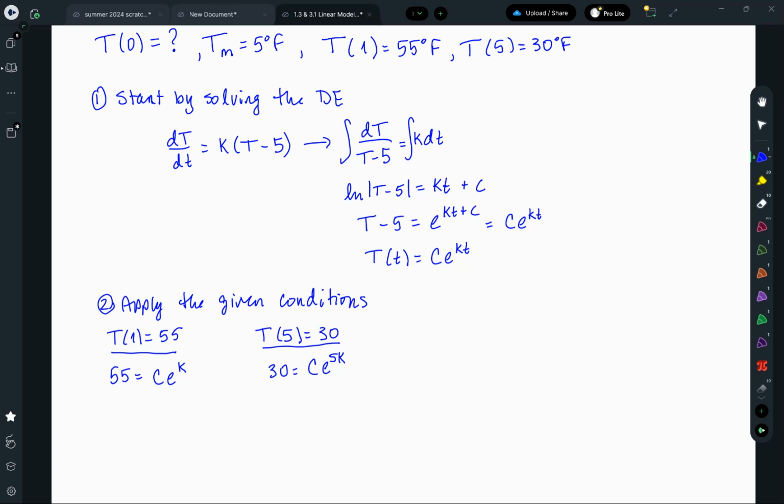Okay, now I can do the exact same thing that I did before. I can go ahead and use that ratio trick. So we're going to look at the ratios. And we'll say 55 is to 30 as c e to the k is to, oh, you know what?